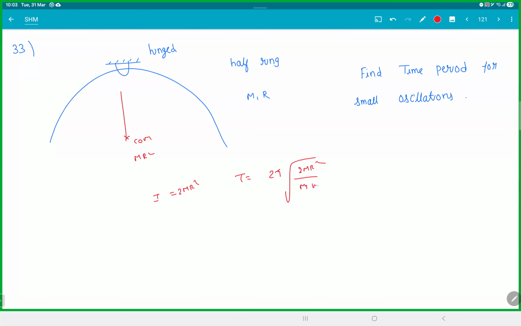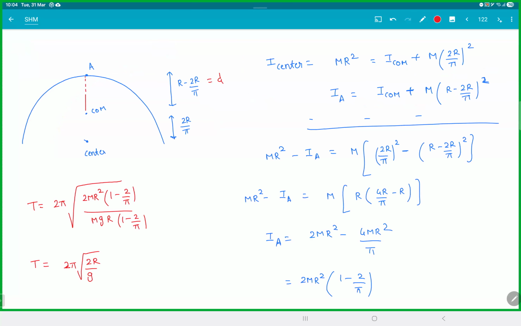You get 2π root over 2R by g. You get the same answer. It just happened accidentally, getting it? It's not a rule or something. It doesn't work for a disk or hemisphere. Luckily, it works out here. So if you have made those two mistakes, they would have worked out. It's like operation failed, but patient survived. Happens sometimes. But still, it's a blunder. So be careful.